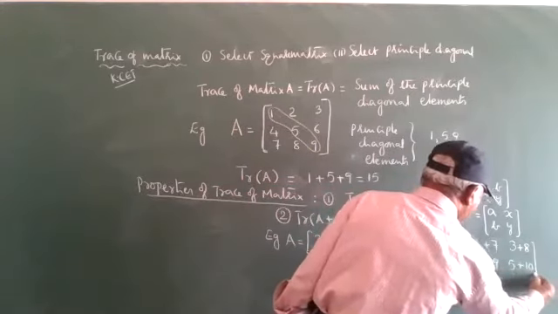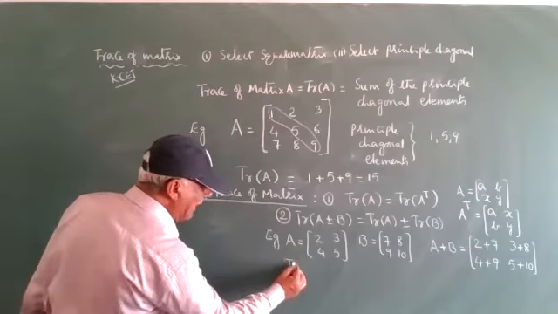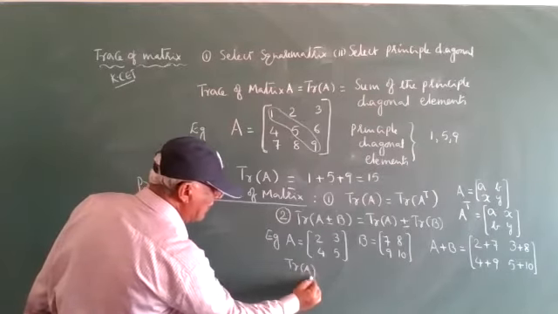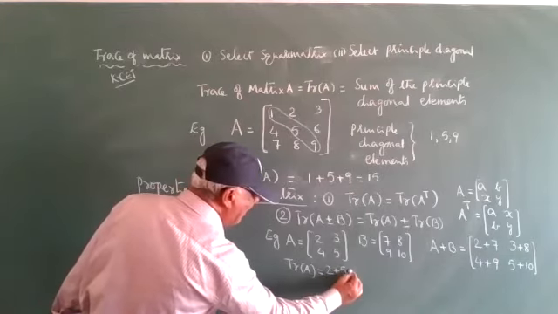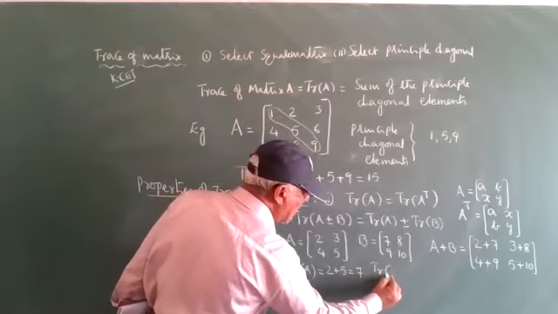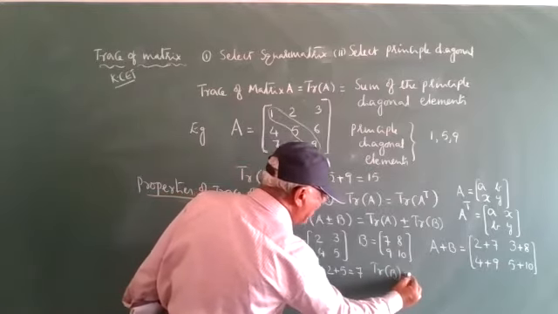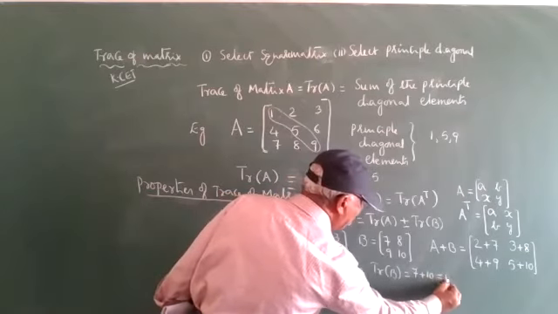So A plus B we know. Now write down trace of A: 2 plus 5 is equal to 7. Trace of B: 7 plus 10 is equal to 17.